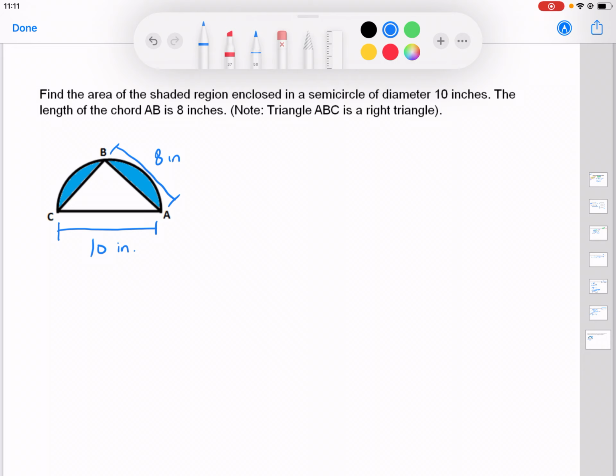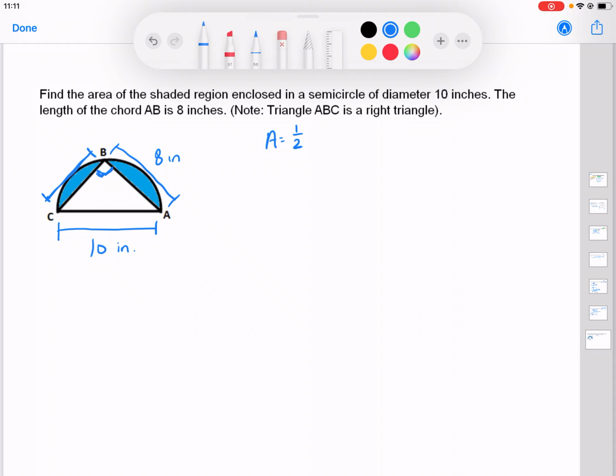Since it's a right triangle, I can find the area by doing a half times my base. Now we don't actually know my base. One of these can represent the base, and one of them would be the height. So let's go ahead and find that base. Now there's a quick way to do this, but I'll show the slow way.